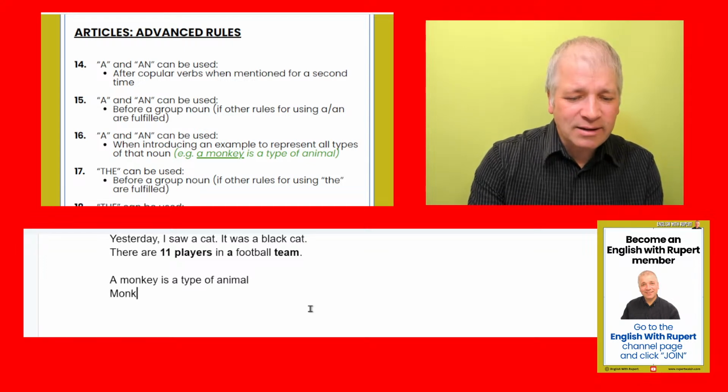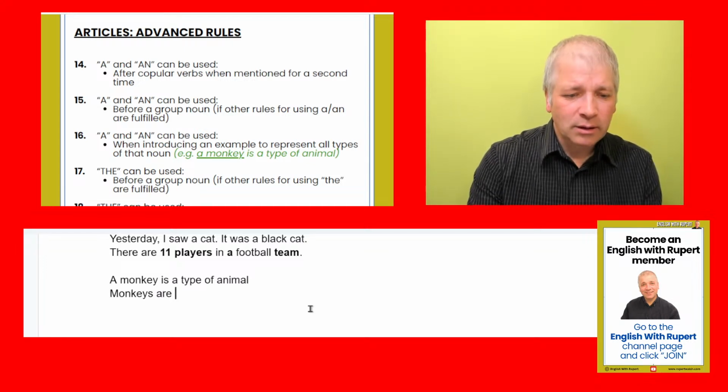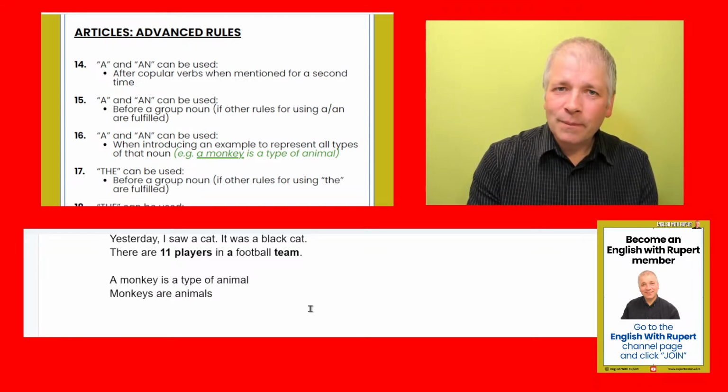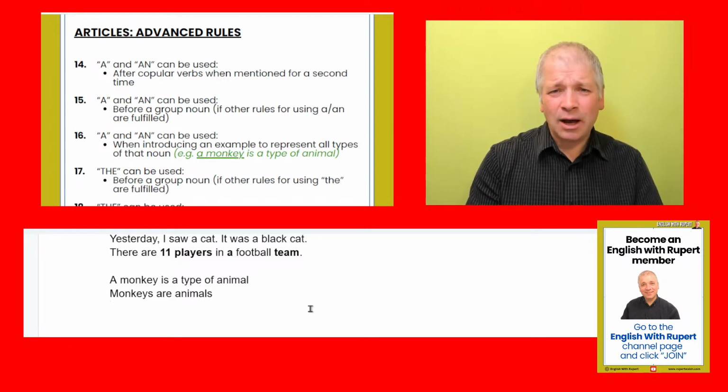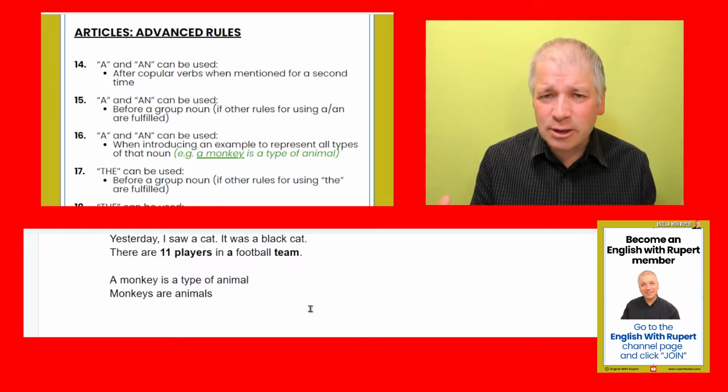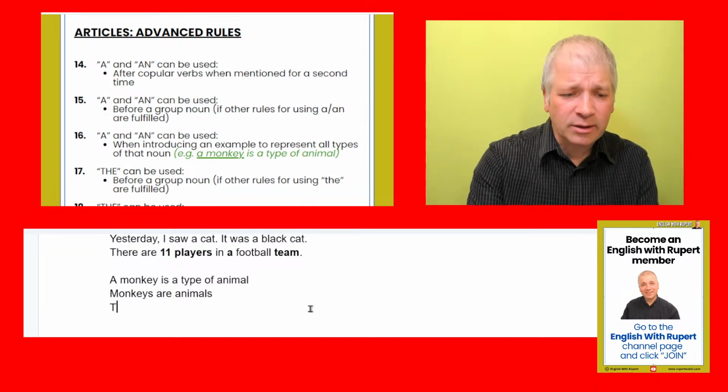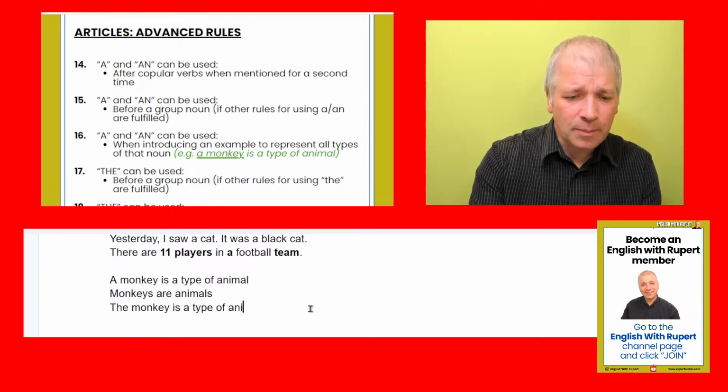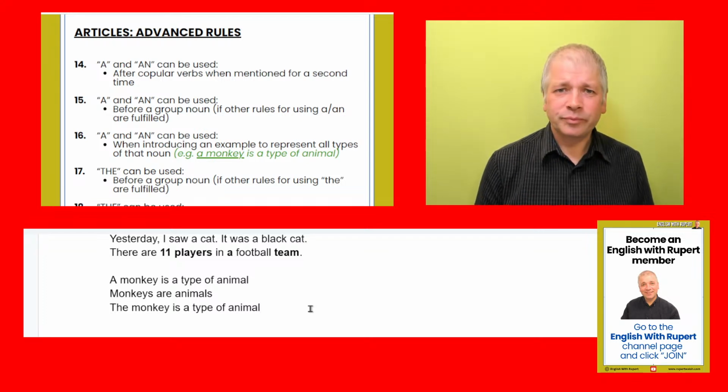And it's also okay to say monkeys are animals. And you may even say, I think the next one is slightly less used, but it's not considered a mistake, you could also say the monkey is a type of animal. They all mean the same thing.